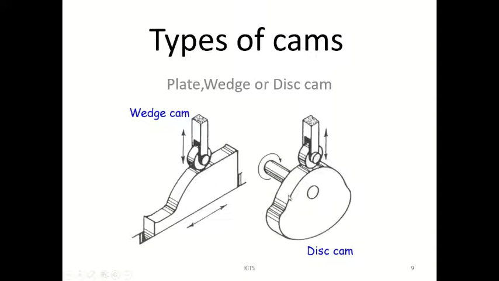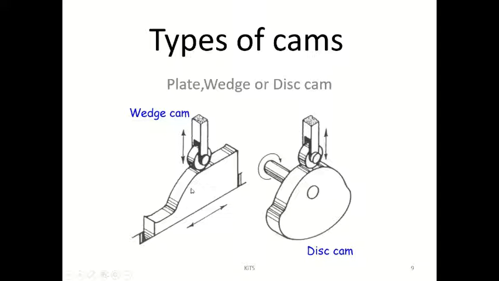Further, the plate cam is classified into wedge and disc type. This is the disc type, and this is the wedge type. In the wedge type, linear motion is converted into linear motion but in a different direction. In the disc type, rotary motion is converted into linear motion.